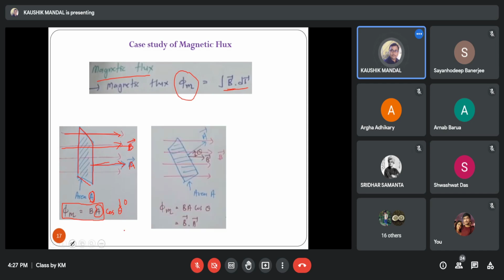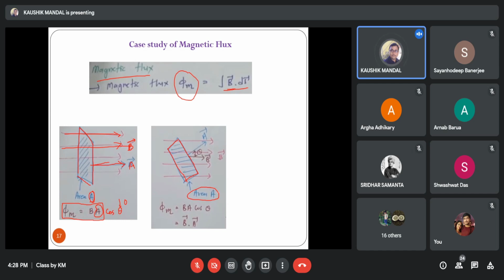Now once again we are considering the uniform magnetic field along the x-axis, but now the surface is placed with some inclination. We are considering an inclined surface. The total area is the same as in the previous example.